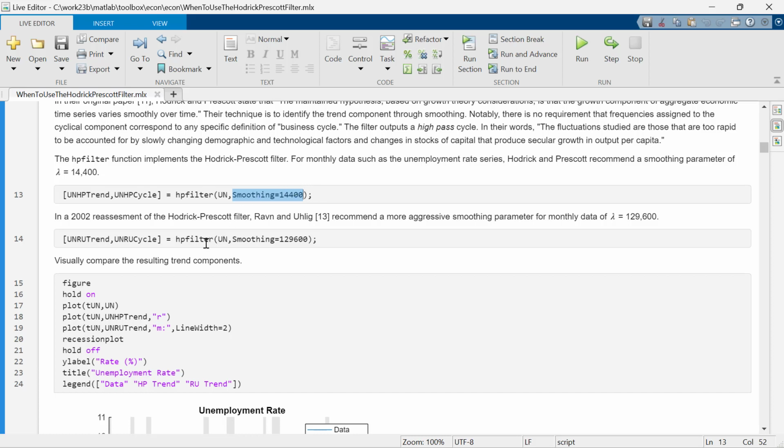And we're going to compare that to applying the HP filter to the same data, but with a much more aggressive smoothing parameter. This smoothing parameter was suggested by more recent researchers, Ravn and Uhlig, who re-examined in 2022 the Hodrick-Prescott filter and made arguments in their paper about why more aggressive smoothing parameters were maybe appropriate for finding the overall trend in the data and getting a more accurate cyclical component out as a difference.